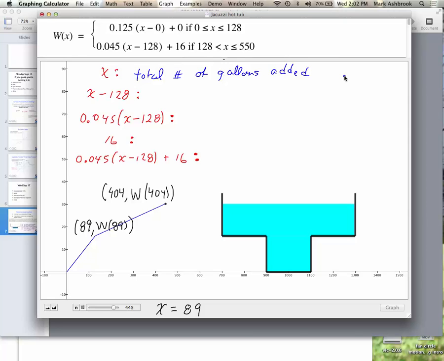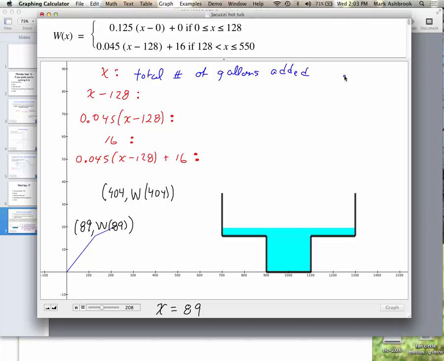Okay, it is a change in x, but specifically, what change of x is it? The number of gallons you have after you fill the bottom part. Number of gallons added after 128 gallons.